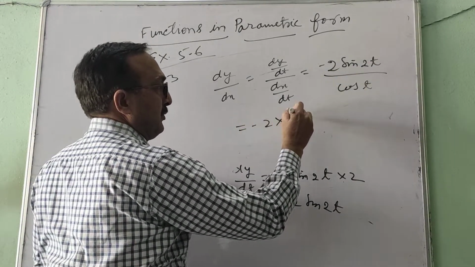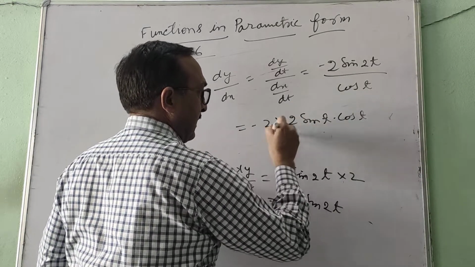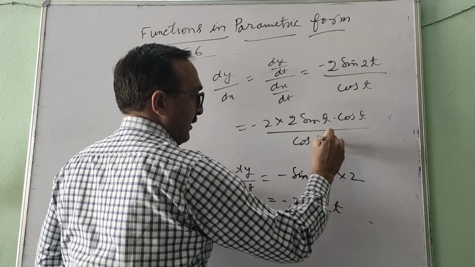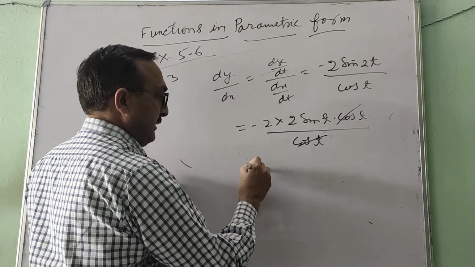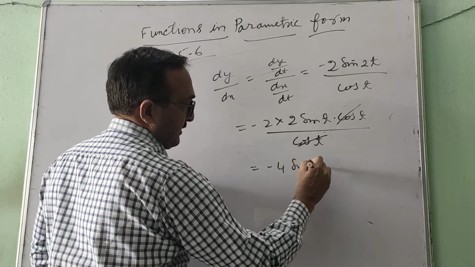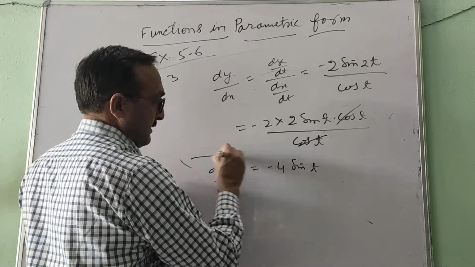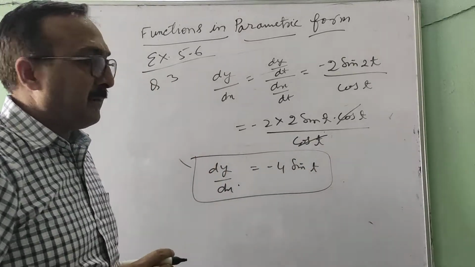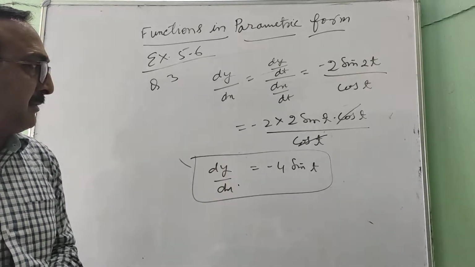Minus 2 into sin 2t, 2 sin t into cos t upon cos t. This is cancelled. What is the remainder? Minus 4 sin t. So now dy upon dx equal to minus 4 sin t. This is the solution of this problem.